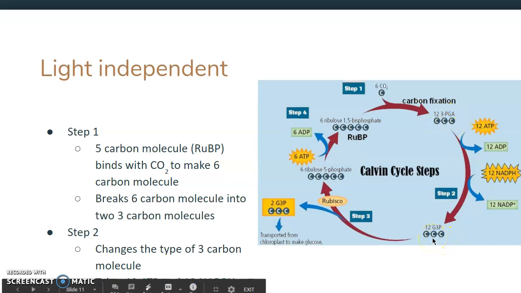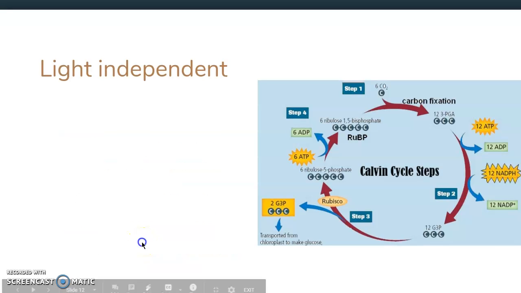But it's really important that we rearrange it to help create the right orientation, the right geometry for us to start glucose. So our first step is we're fixing these two together and breaking it into smaller chunks, and then we're changing the way that our small 3-carbon molecules look in step 2.